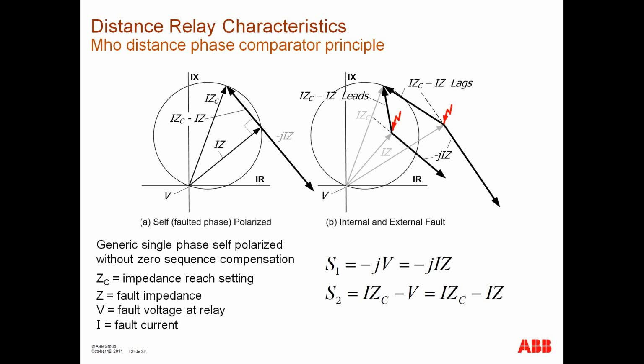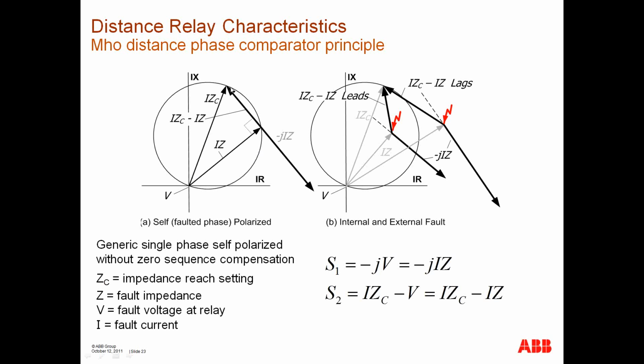And that gives rise to this type of characteristic, because now I can separate this quantity into a fault quantity, which is IZ, the fault current times the impedance to the fault at that point. That's the fault voltage. And then you have a set quantity, which is IZC, the current flowing through the compensator, or the impedance setting, if you will.